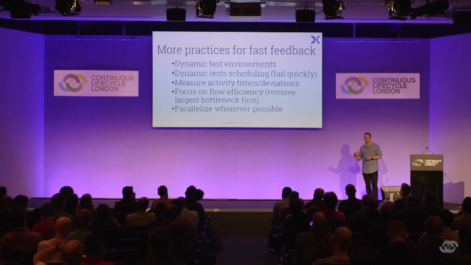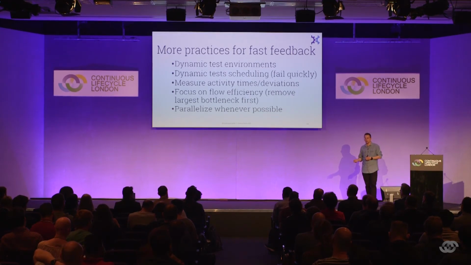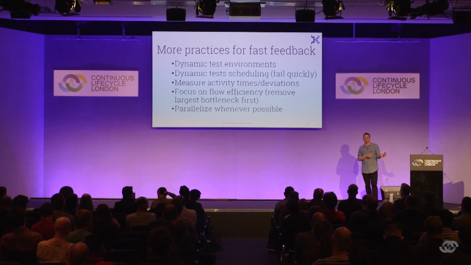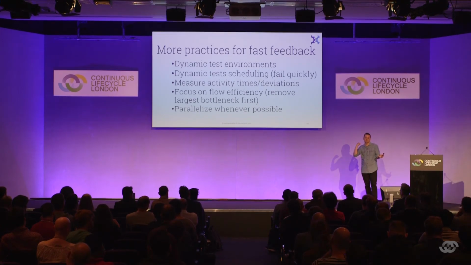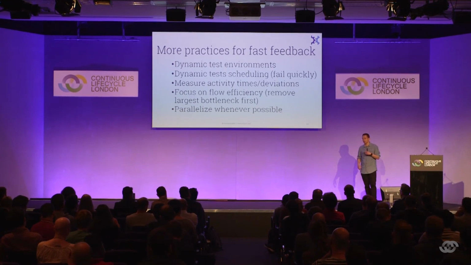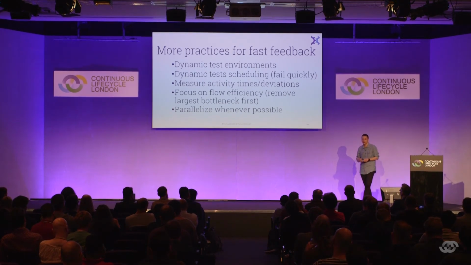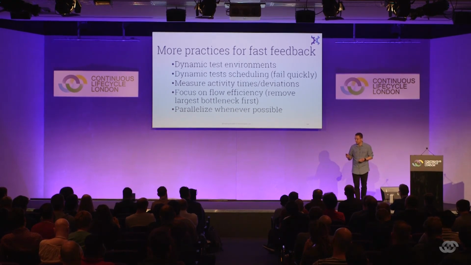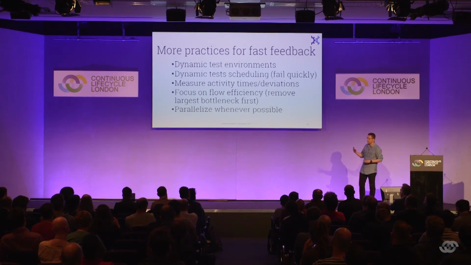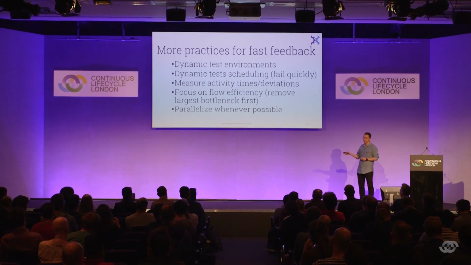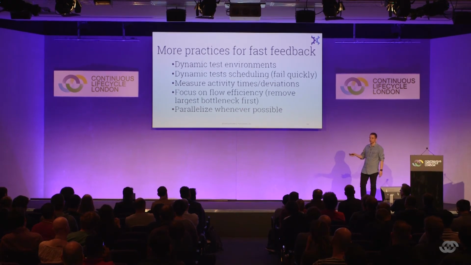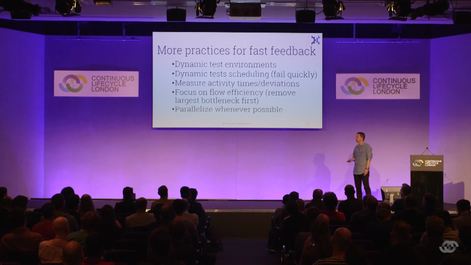The idea is to try to fail as fast as possible. So maybe I want to run first the tests that failed in the last run to see if they're still failing. Or I want to run flickering tests to see if I fixed the problem or not. Whatever feels more prone to fail, let's run those first, so I get feedback faster.